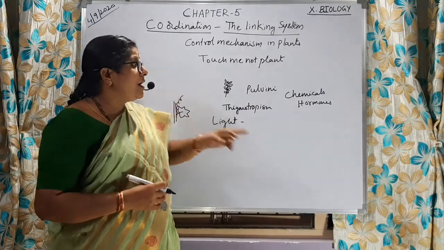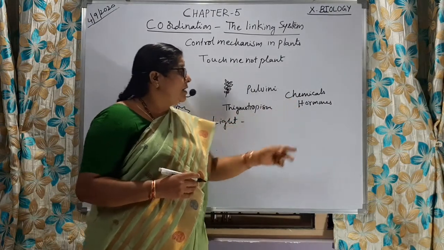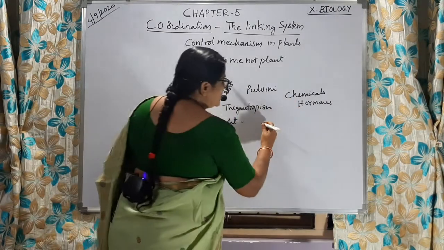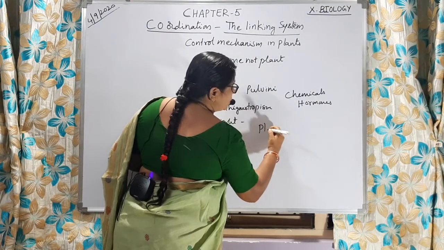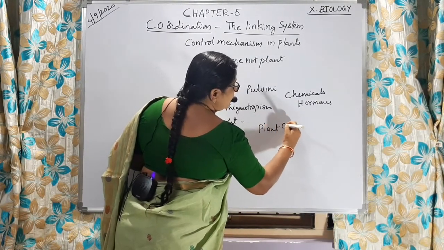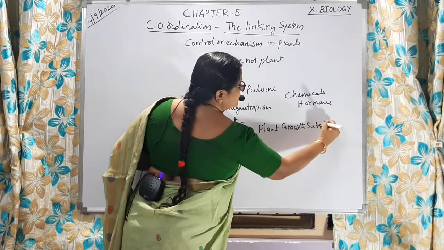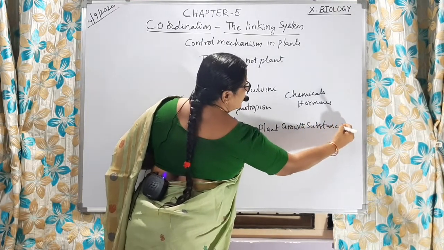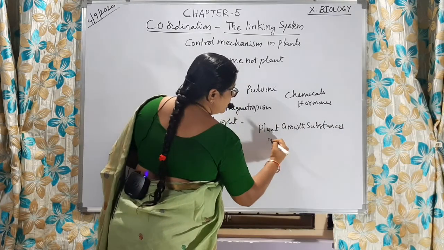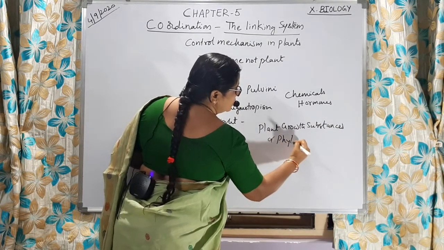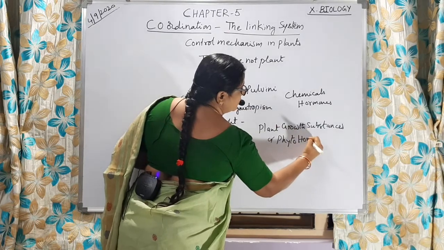So what do we call these chemicals? In other words, these chemicals are called plant growth substances or phytohormones.